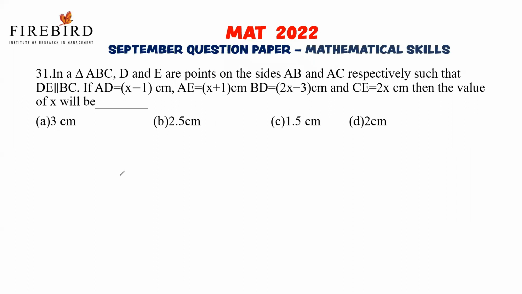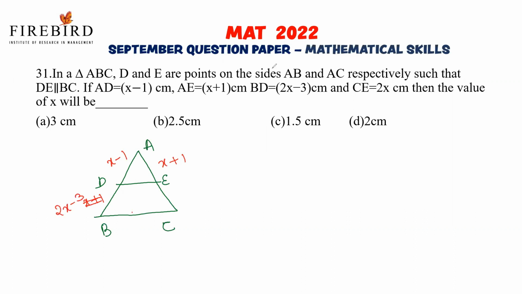Now, see here, in triangle ABC, let us take a triangle ABC. D and E are points on AB and AC, and they have given that DE is parallel to BC. AD is X minus 1, AE is X plus 1, BD is 2X minus 3, and CE is 2X.